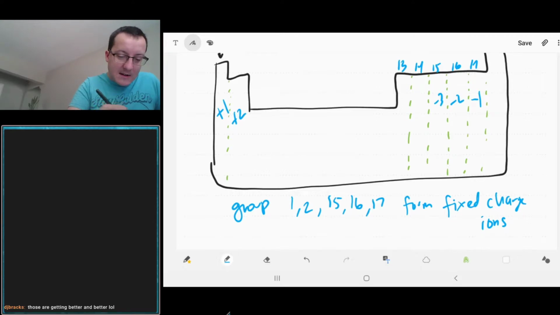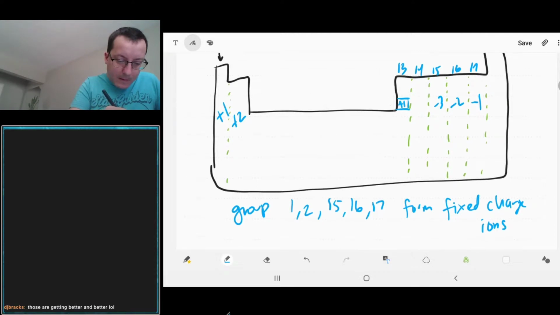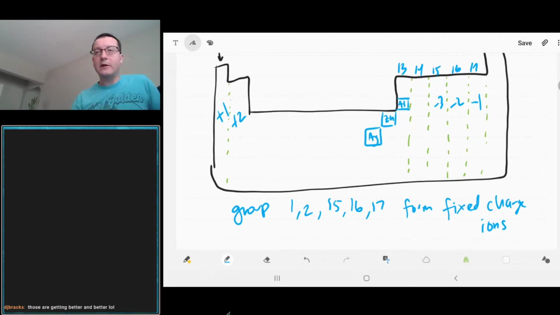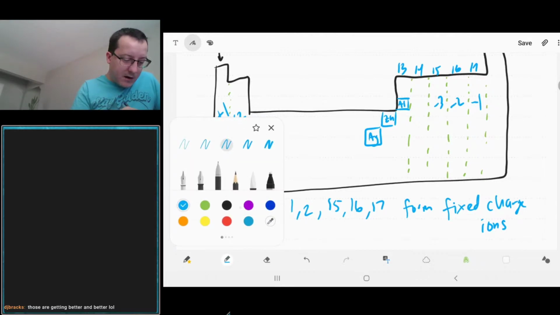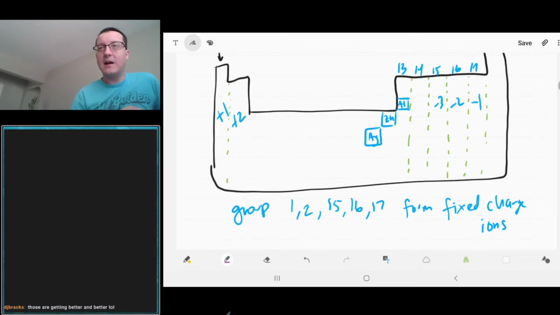We're going to see that aluminum, zinc, and silver will happily form a little pattern for us.